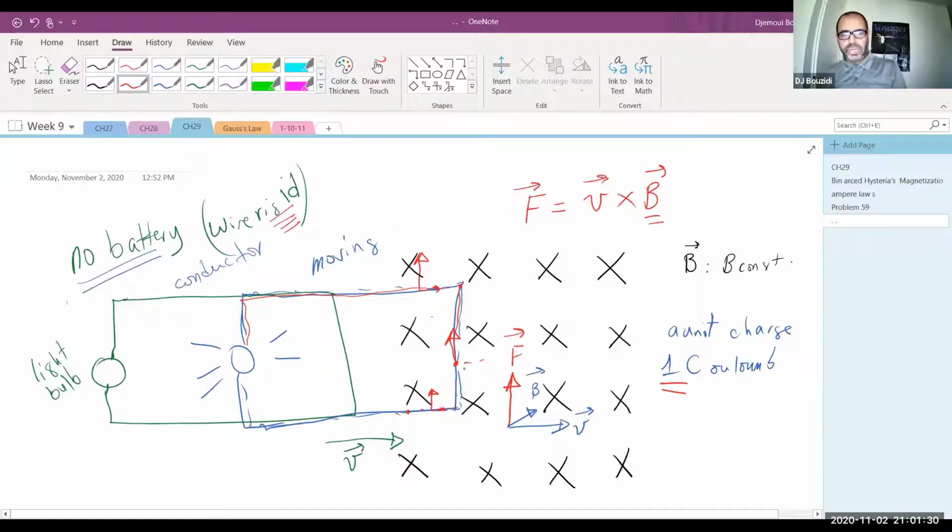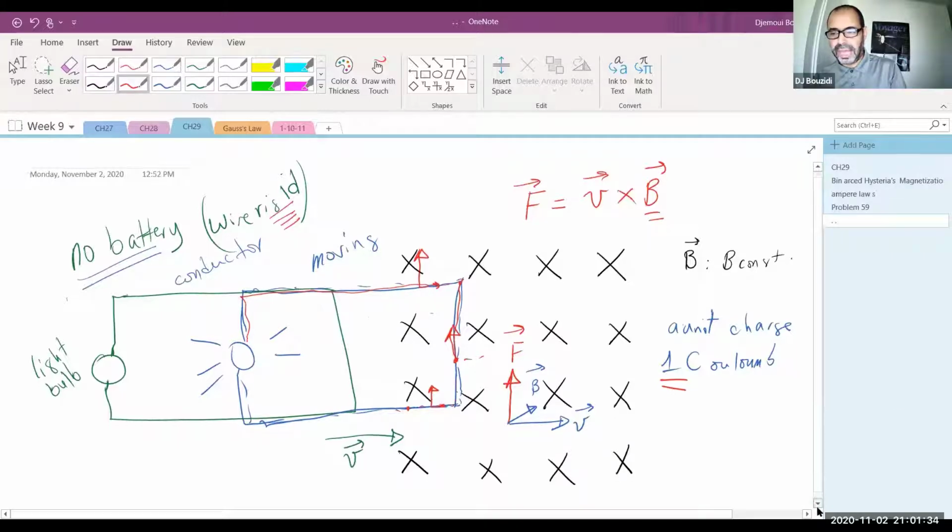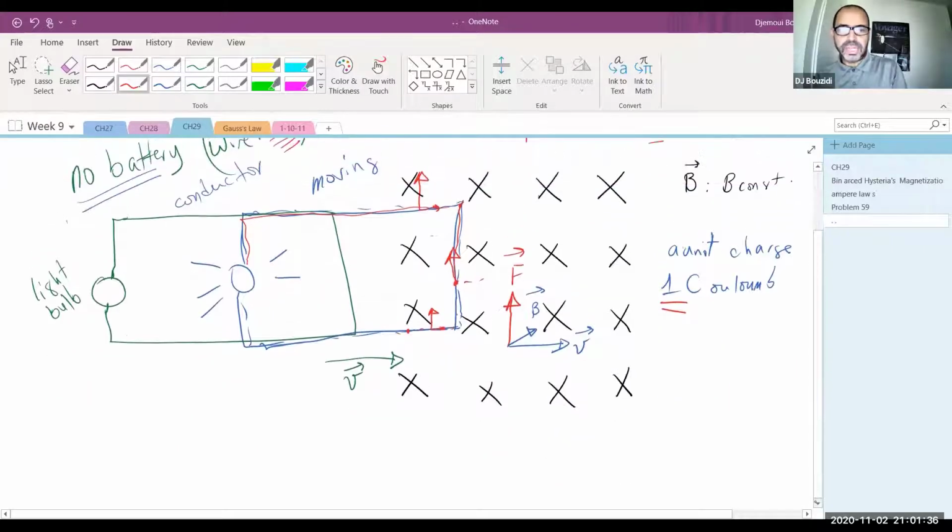The trouble with this situation is, if I continue pushing this wire, and of course we're going to get into the math part of it, but I'm trying to understand at least this situation by itself. If the wire submerges completely into the magnetic field region, there are charges that want to rise from here because of this magnetostatic force, and charges that are going to move from here too in the same direction.